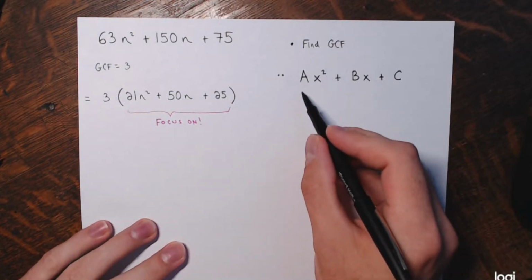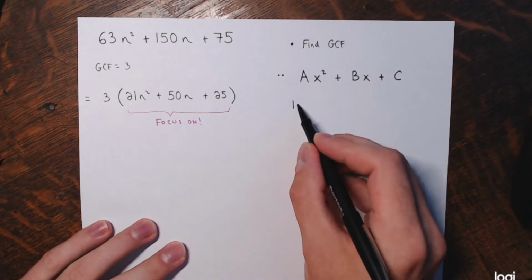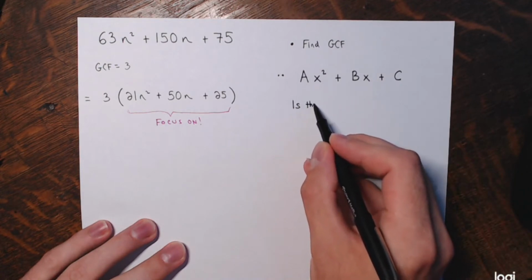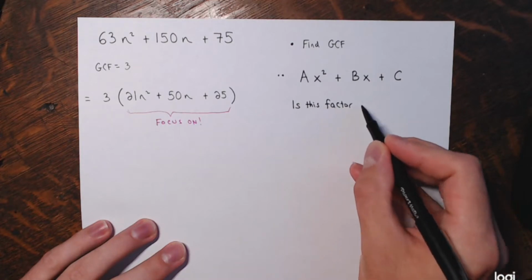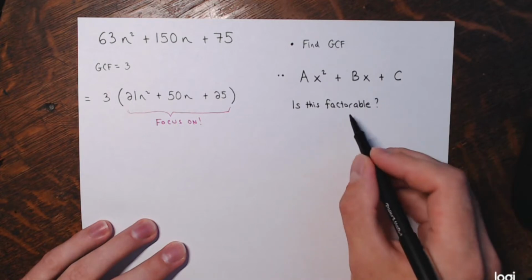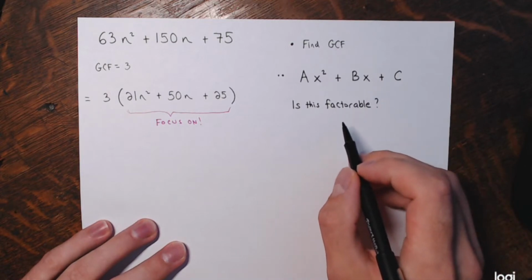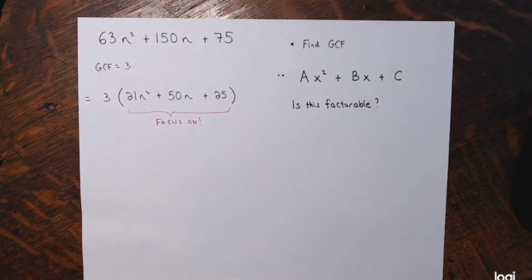So the first question I want to ask for a polynomial like this is, is this even factorable? Can I break it up? Whenever I say factorable, I mean factorable over the integers, meaning all the coefficients are integers. No, I don't want fraction coefficients or any other coefficients. So that's what I mean when I say factorable.